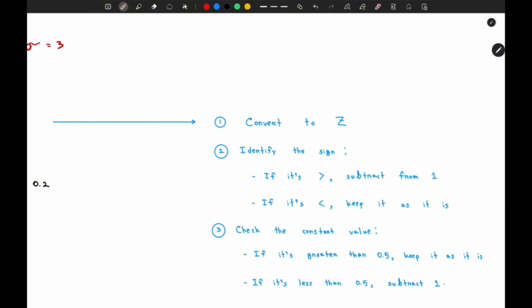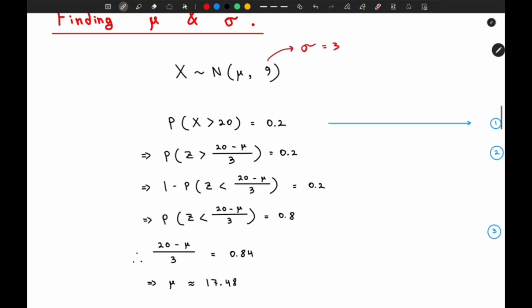If it's a greater than sign, we need to subtract the probability from 1. Or if it's a less than sign, we can just keep it as it is. In this case, it's a greater than sign. So we need to subtract this probability from 1. So that's what we have done in this part, and then we can change the sign.